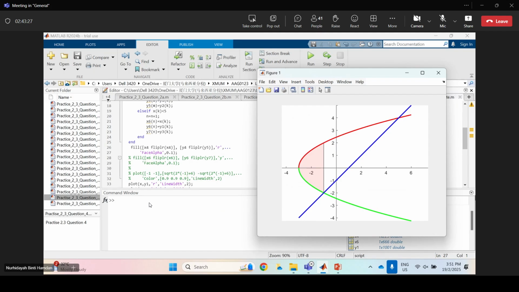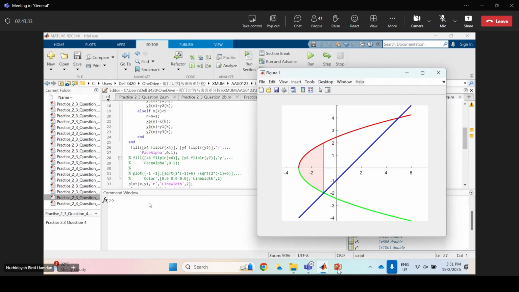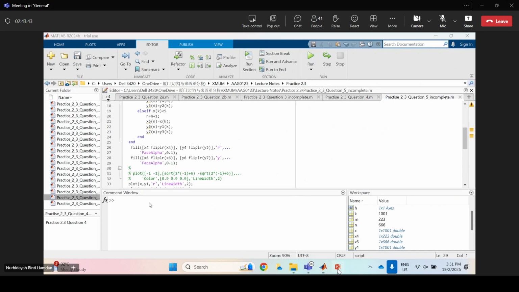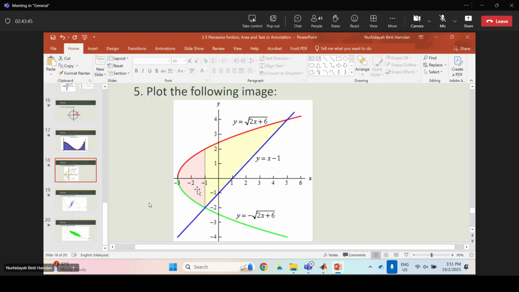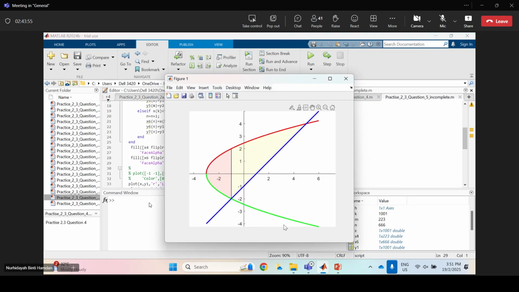Next part, I want to color this part with yellow. Again I flip y, x6 and x6, then y6 to y7. Why y6 to y7? Because here you see it's not very even, right? So only y6 until y7. I got this.